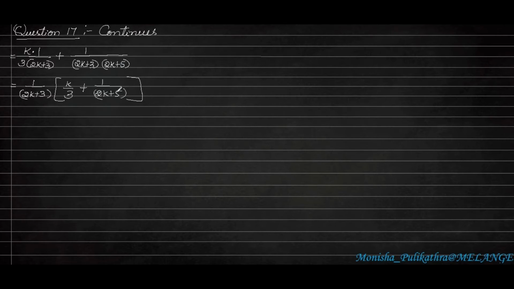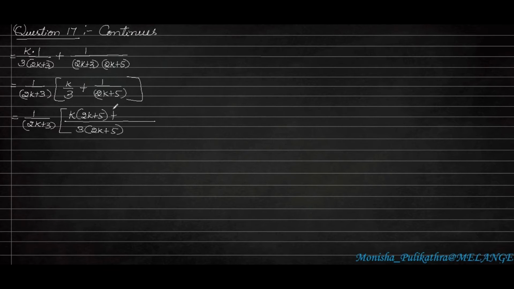So after this we have to take LCM for this part. So 1 by 2k plus 3. So here the LCM is the whole thing, that is 3 into 2k plus 5. So when I take 3 into 2k plus 5 as LCM, when I consider this term, here 3 gets cancelled, so these two get multiplied. So k into 2k plus 5.